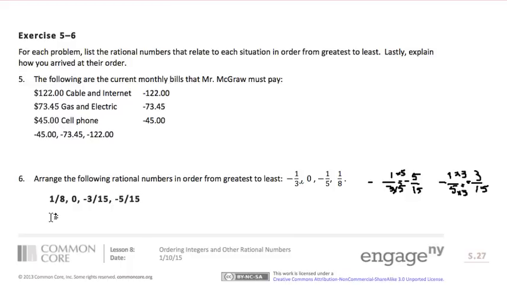In order, greatest to least, 1/8, 0, -3/15, which we could replace with the original number, which was -1/5. So let's replace that, -1/5. And finally, -5/15, which we should replace then with its original number, which was -1/3.